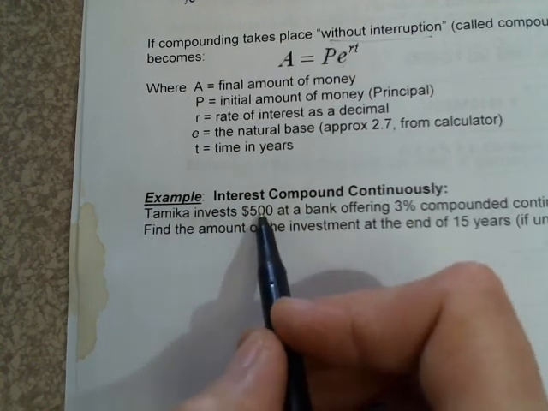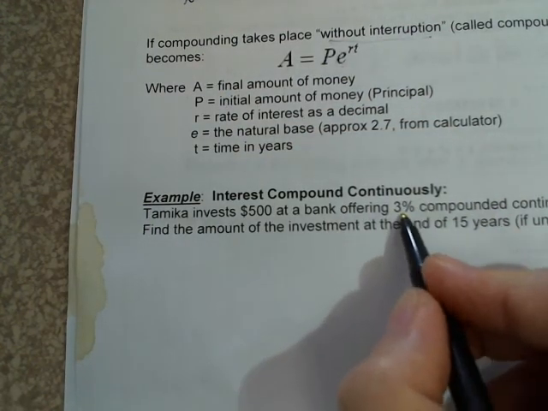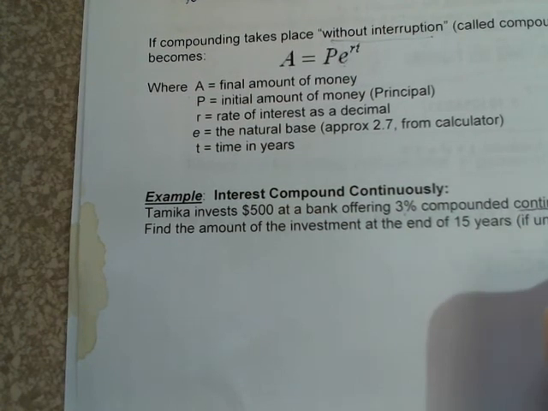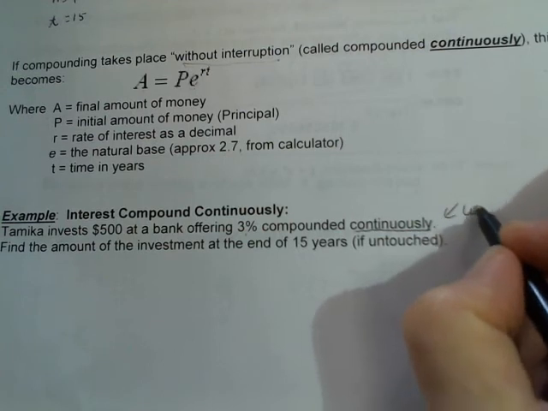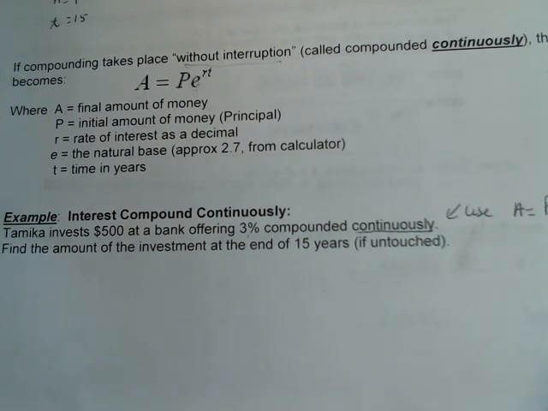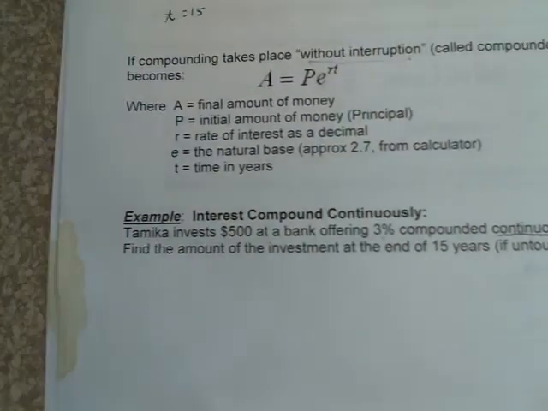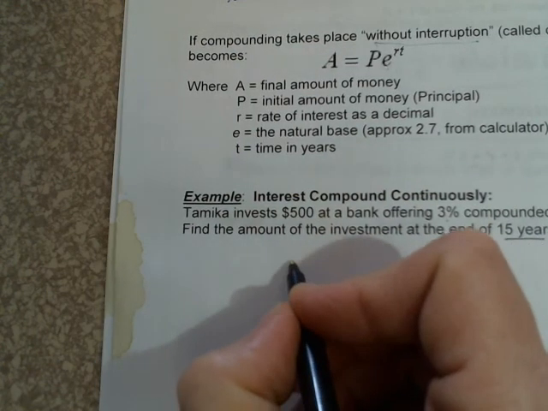So Tamika has $500, just like Joan did before, offering 3%, but this time it's compounded continuously. So now we're going to use the new formula. A equals P e to the RT. A lot of people call that PERT because that's what it spells. Find the amount of the investment at the end of 15 years. So everything is the same as before.